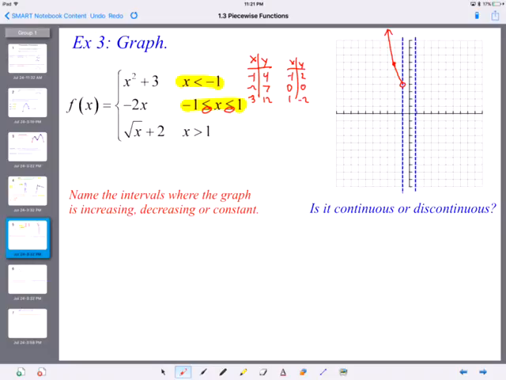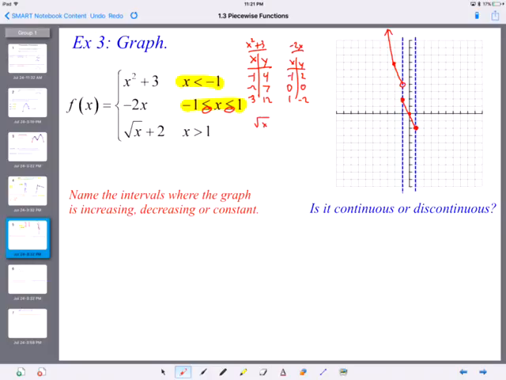So this is going into your second one, the -2x, not the x squared plus 3. So we'll plot those points. At -1, 2, it's now filled in. 0, 0, and 1, -2. So there we go.